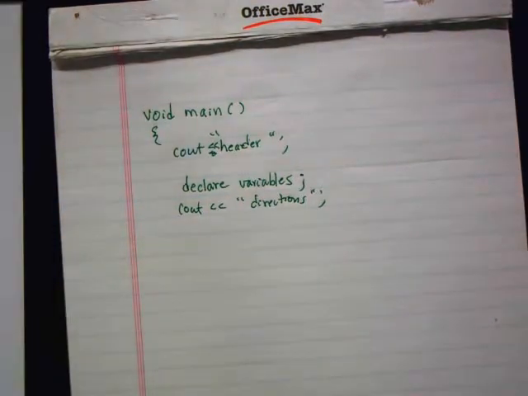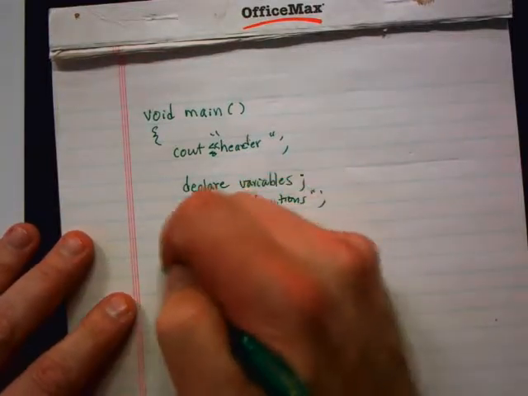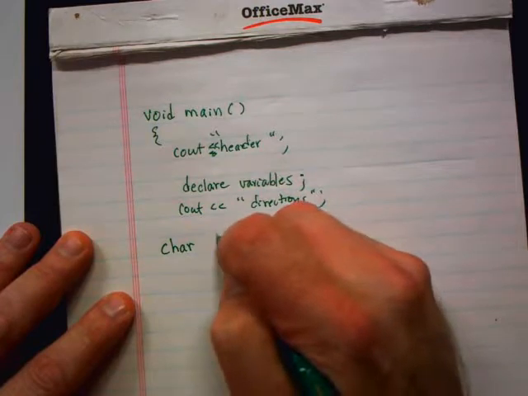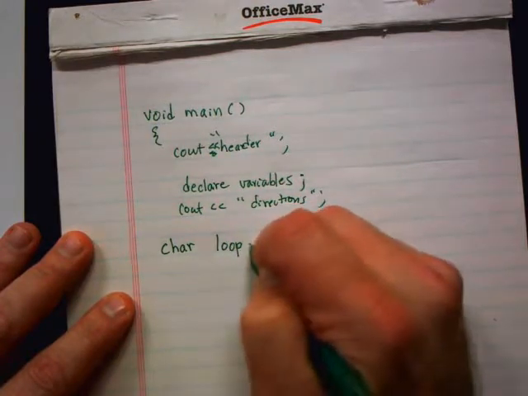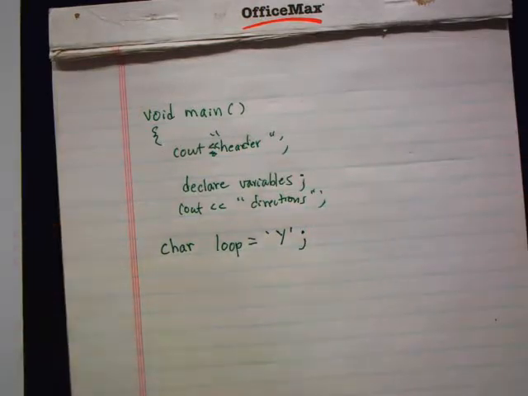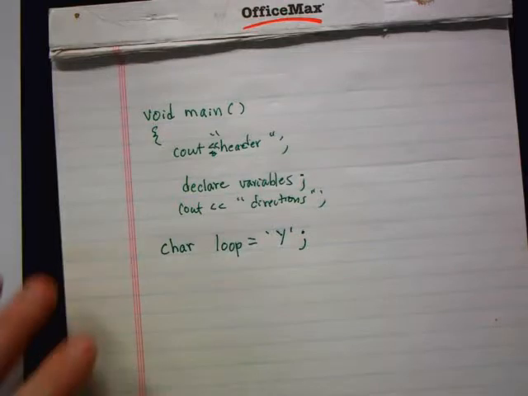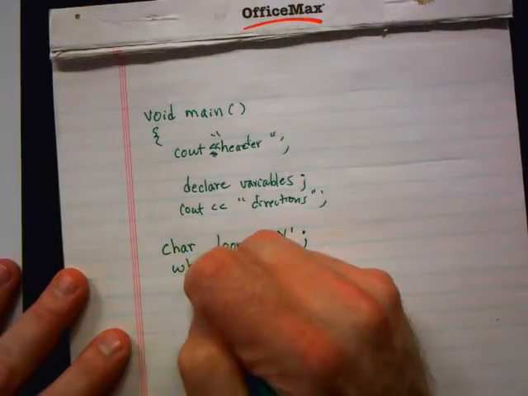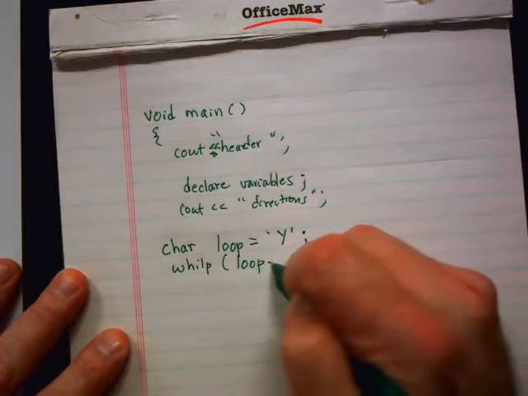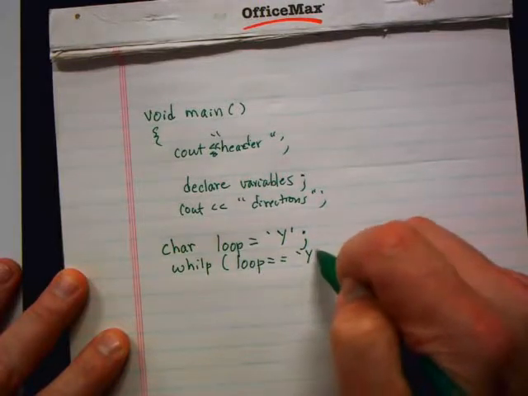And here's the way I usually do it. I usually declare another variable, char loop equals 'y'. And then I'll start while, loop equals 'y'.